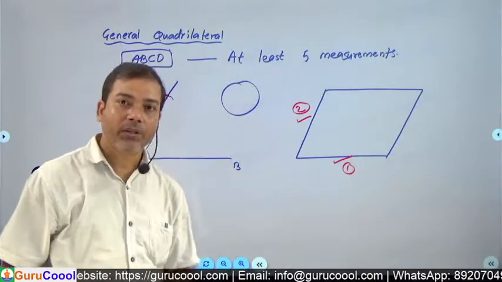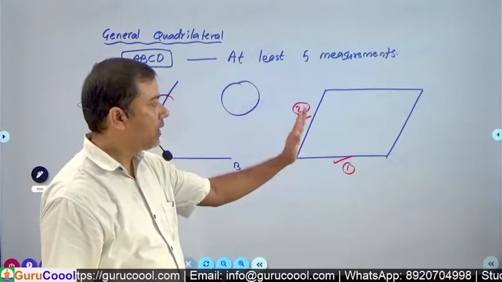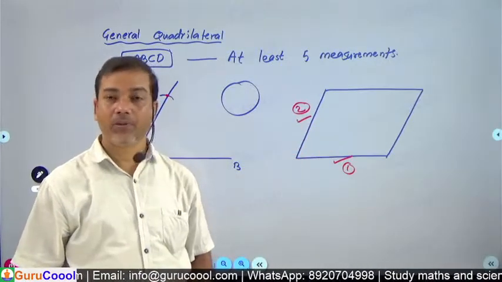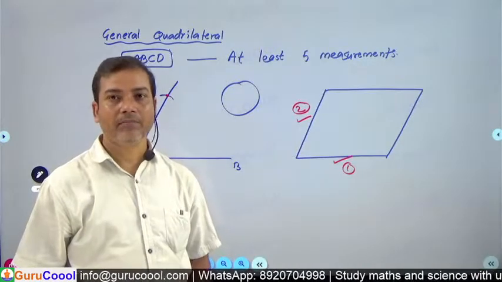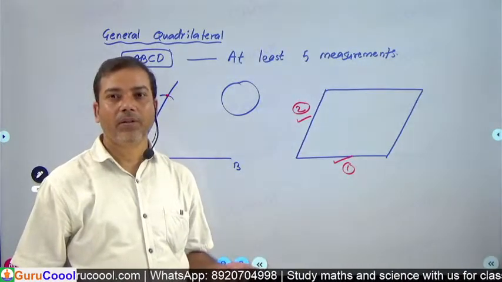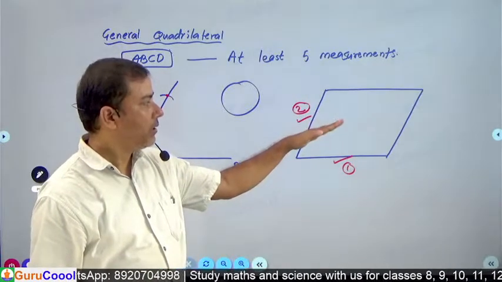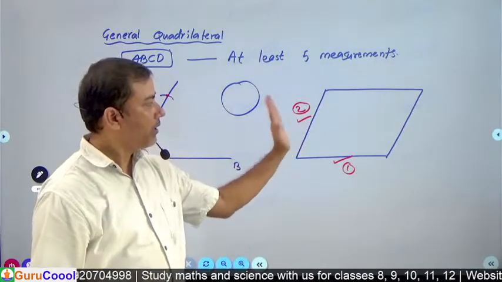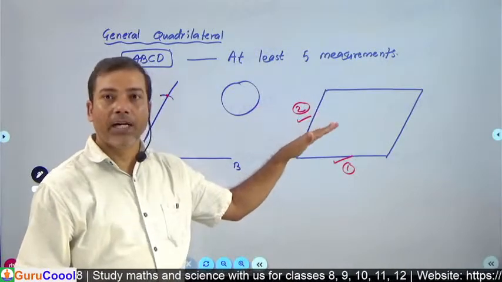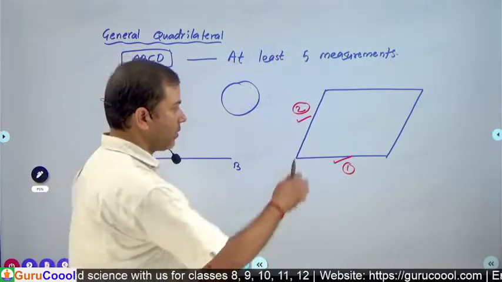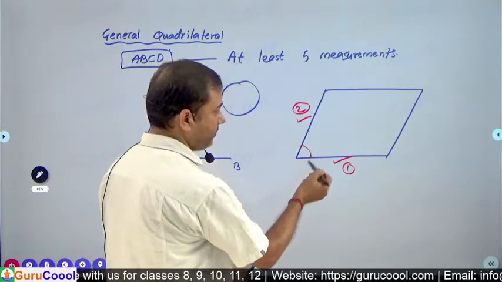Now we also need to know what angle these two sides make between them, because if we don't know that angle, we don't know how this is bent. This side is bent like this, or like this, or like this. We should know that angle so that we can draw the exact parallelogram. So this angle will be required.